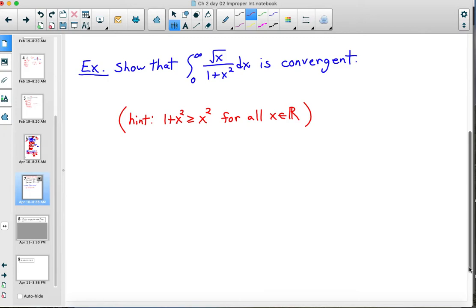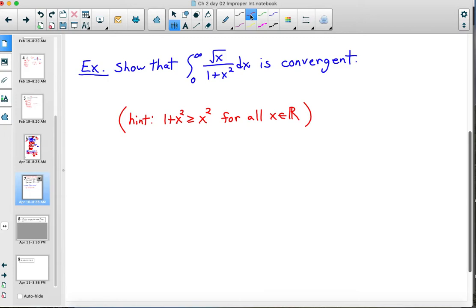Show that the integral from 0 to infinity is convergent. So the claim is that the area from 0 to infinity under that curve, whatever it looks like, which we probably don't know at first glance, equals some finite number. There's a hint here which might help you use this comparison test: 1 plus x squared is always going to be greater than or equal to x squared for all real numbers. Even if x is negative, because we're squaring it, it becomes positive, and then we're adding 1 to that amount.